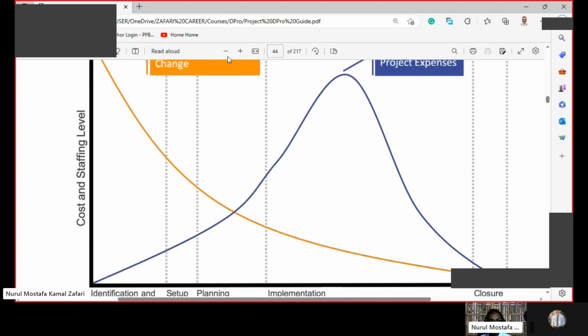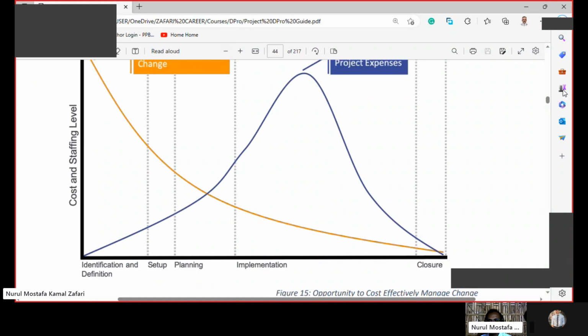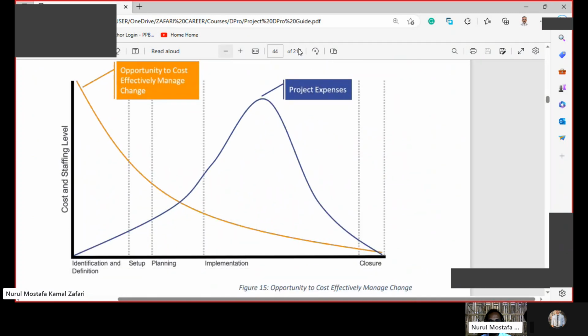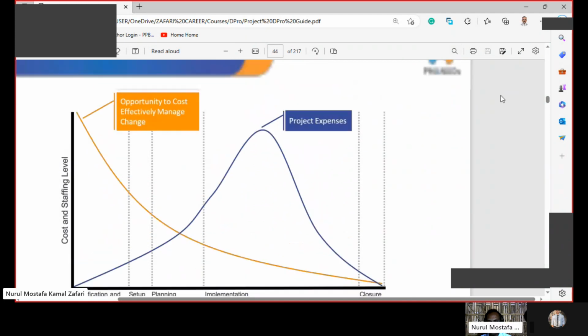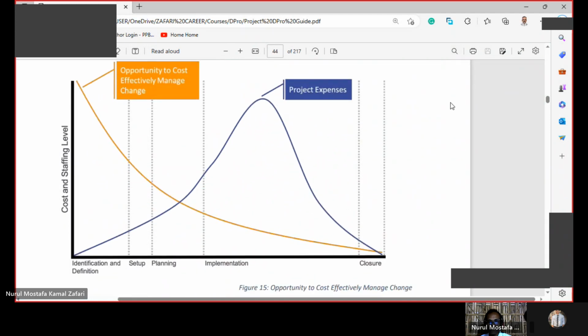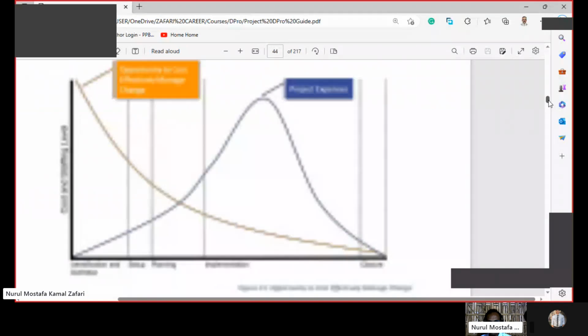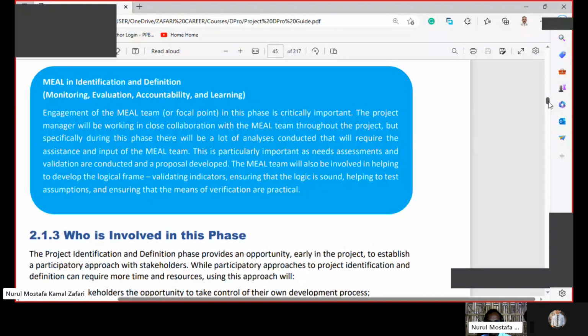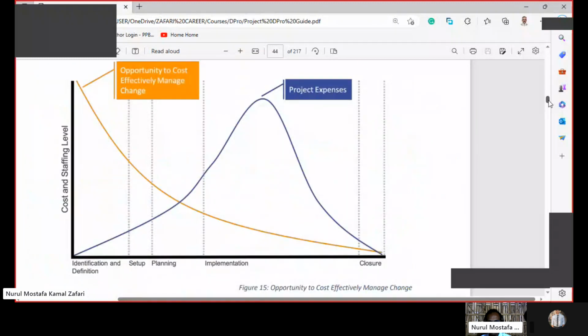So let me make the page a bit smaller so that you can see the diagram. Okay, I hope you can see the diagram now.